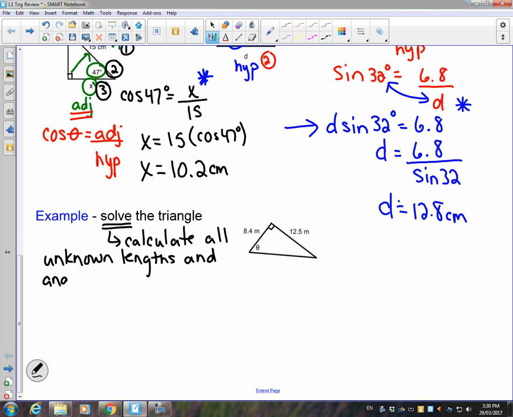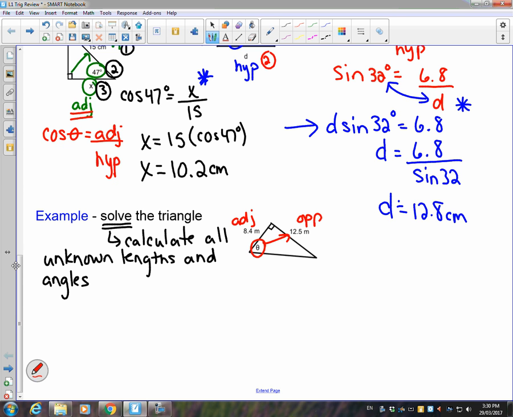So there are a few things we can do to achieve that goal. We're going to start the same way as we just did. I'm missing an angle, but I've identified an angle. The side across from that angle is the opposite, and the one right beside it is the adjacent. And I'm missing the hypotenuse because the side across from the right angle is not labeled.